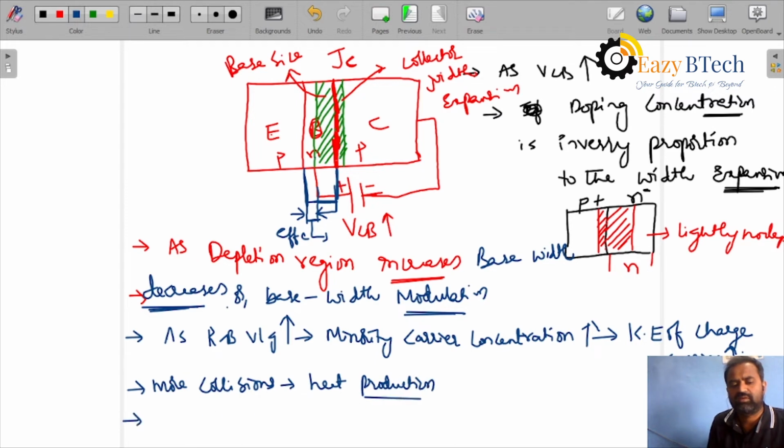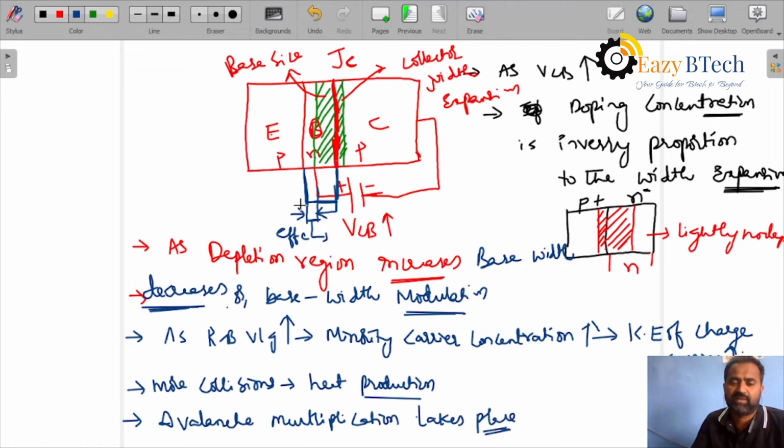Next, avalanche multiplication takes place. As the reverse bias voltage increases, the minority carrier concentration increases. As the reverse bias voltage increases further, the minority carriers gain more kinetic energy.